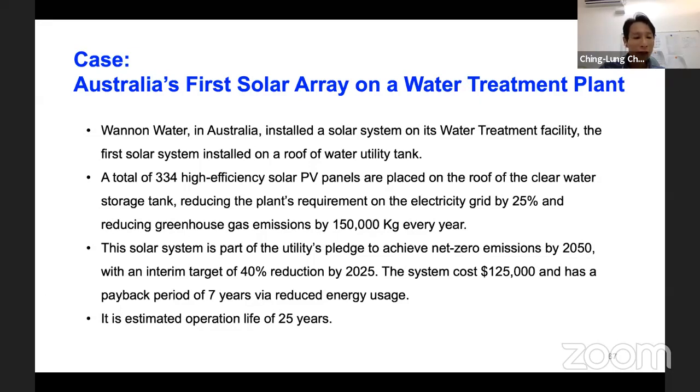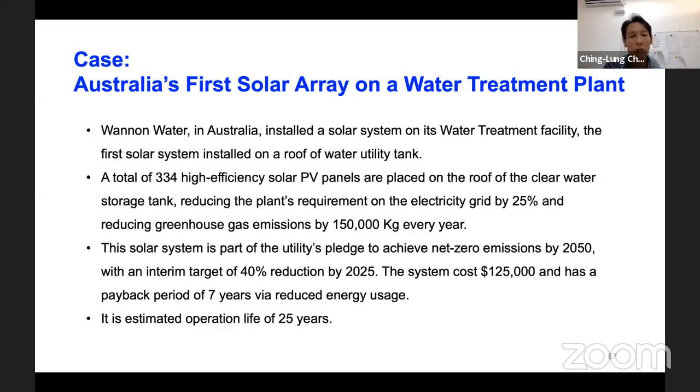It has an estimated operation life of 25 years. So after 7 years, you will make some money because of the solar panel. They collect the sunlight as energy, and then they can convert it into electricity. In Taiwan, some of the electricity comes from solar panels. It can also be sold to the electricity company.